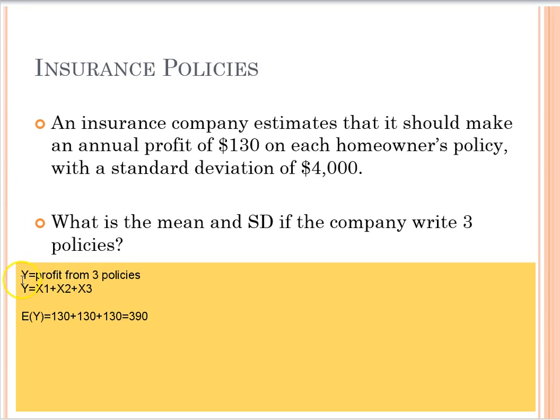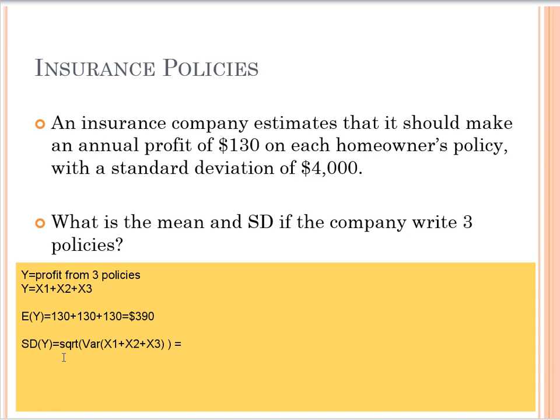So we can write the new variable as the profit from 3 policies, just summing up the profit from each of the individual policies. So the expectation of Y is just going to be the expectation from each of the individual policies, and when we sum that up, that's going to be $390.